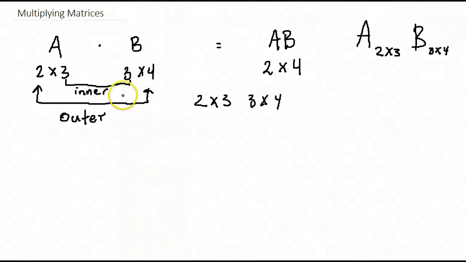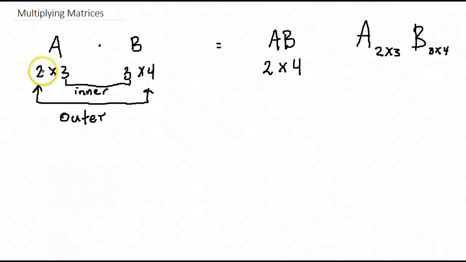And then we look at our inner dimensions. The inner dimensions is the second dimension of the first matrix, which is our columns, and we compare it to the first dimension of the second matrix, which is the rows. And they have to match.